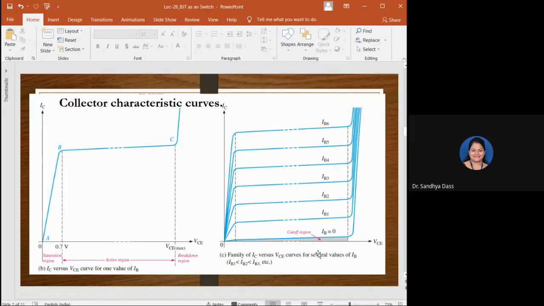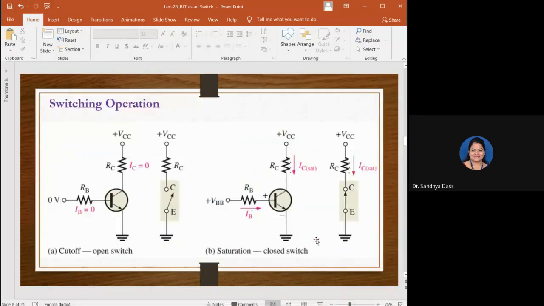In that condition there will be no collector current, but there will be some leakage current, collector to emitter current. That is negligible. So typically, when base current is 0, we say there is no collector current. That is the cutoff region of the BJT.